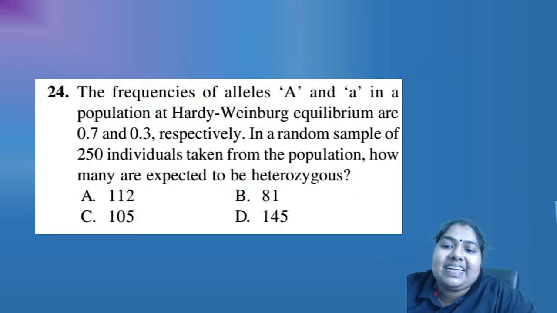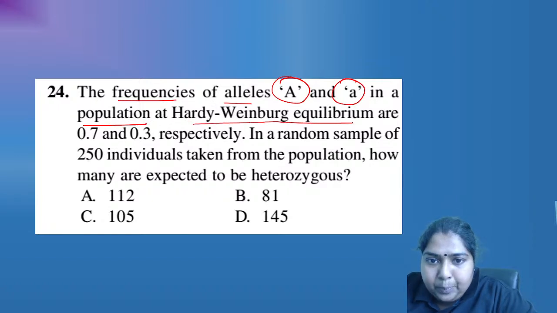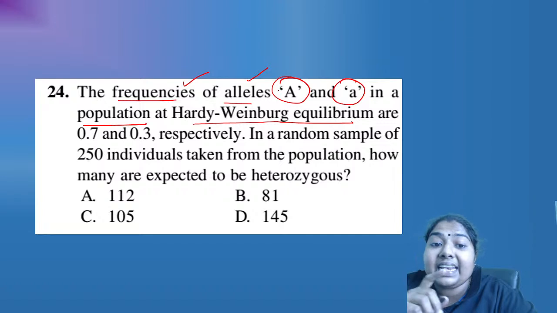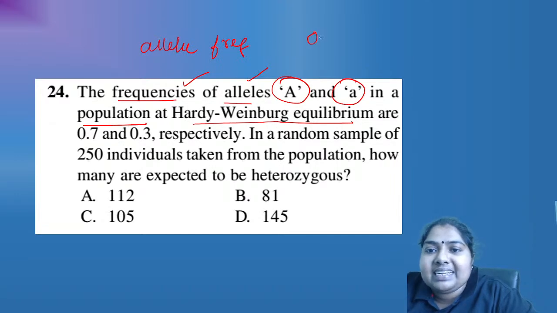Fine. So let us take a question. The alleles A and a are present in a population at Hardy-Weinberg equilibrium. So what is the allelic frequency? They have given the allelic frequency as 0.3 and 0.7.